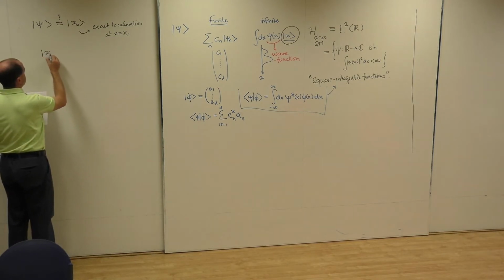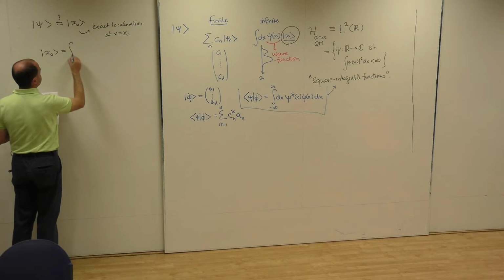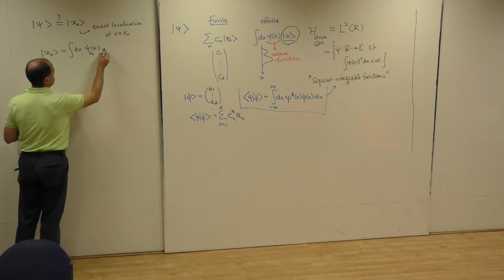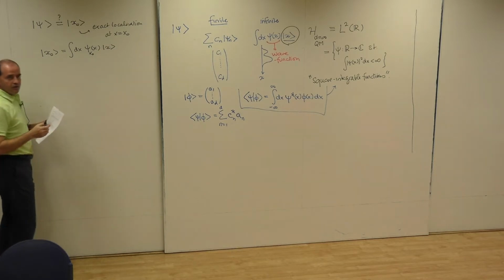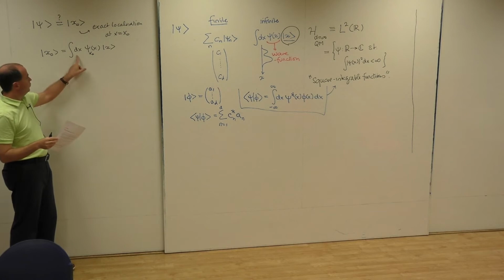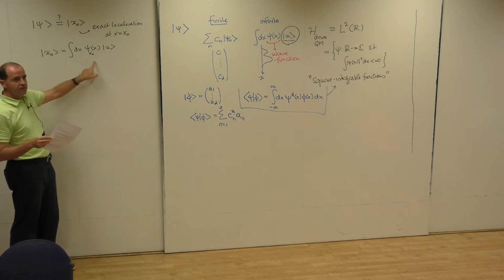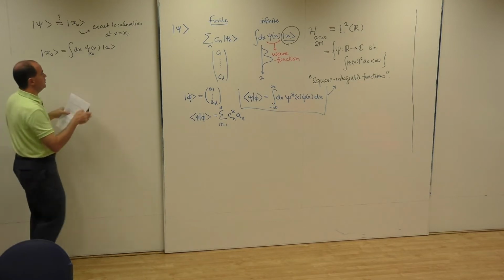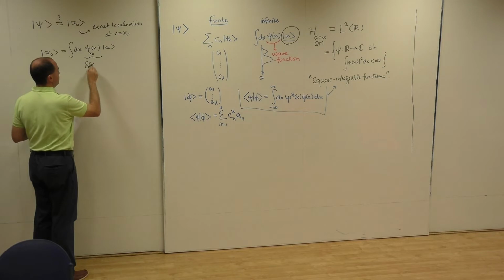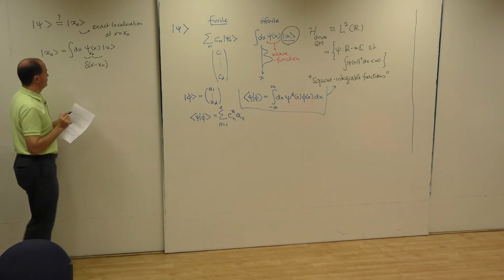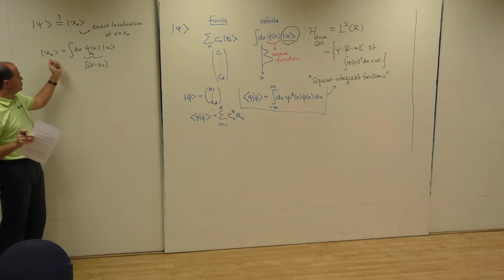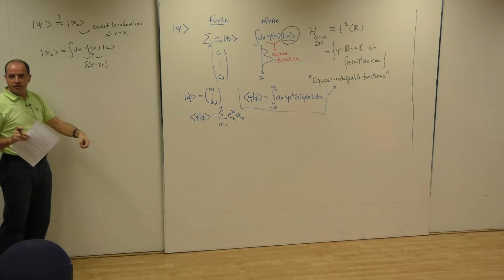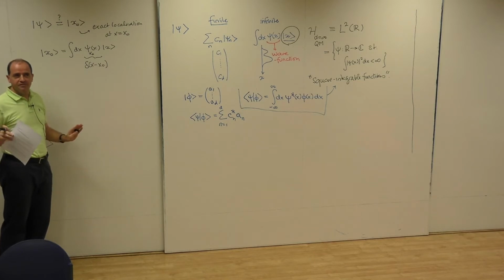Let's try. |x0> is equal to the integral dx psi(x) |x>, with psi(x) evaluated at x0. Now, what is the wave function that in this sum singles out x equal x0 and destroys all the others? Well, obviously the only possibility would be delta of x minus x0. So you would say that the wave function corresponding to a perfectly localized state is the delta function localized at that position. This looks absolutely reasonable, right?